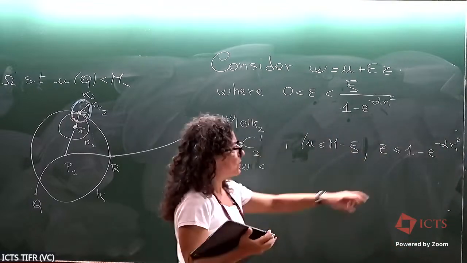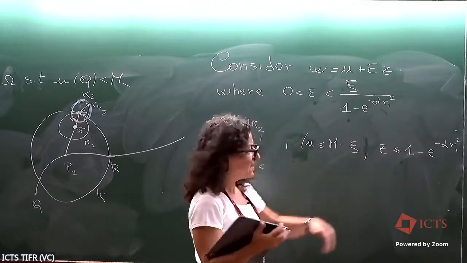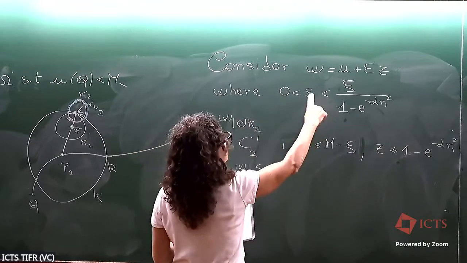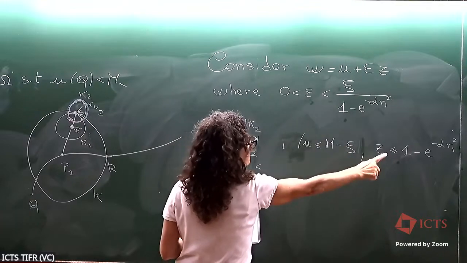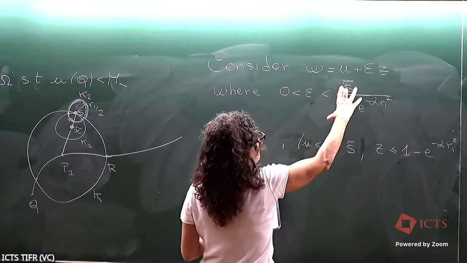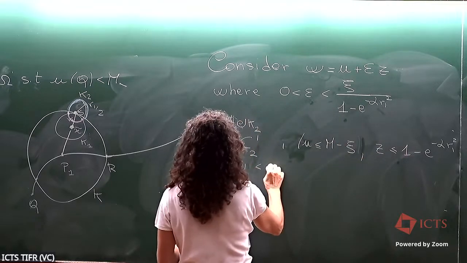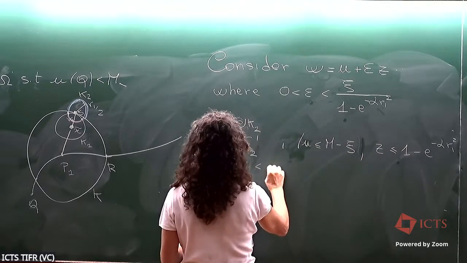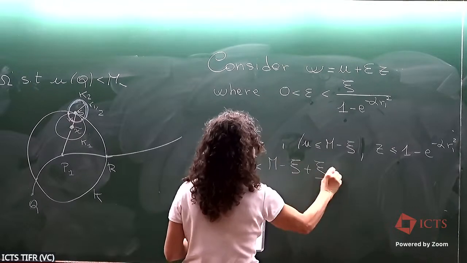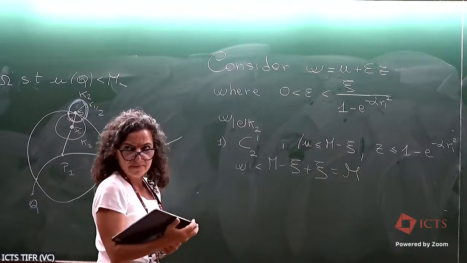This holds all the time for Z. So when you multiply Z by epsilon, you have exactly this. So W is smaller than M minus C plus C, so it's strictly smaller than M.